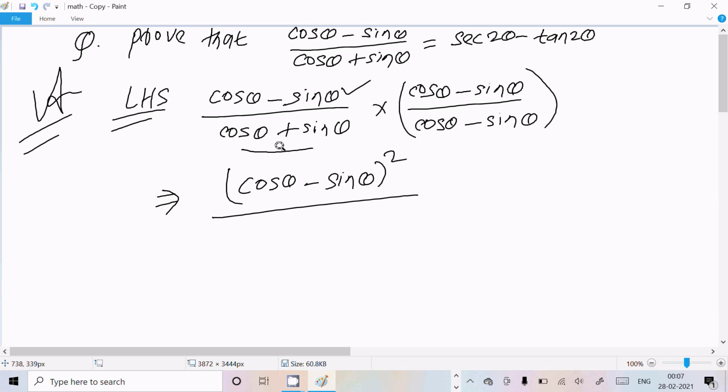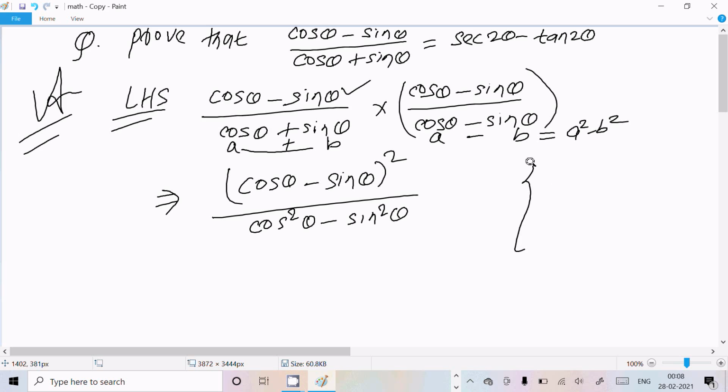Now the denominator is of the form (a plus b)(a minus b). Assume a is cos theta and b is sin theta. So a plus b times a minus b, the formula is a square minus b square. So we can write cos square theta minus sin square theta.